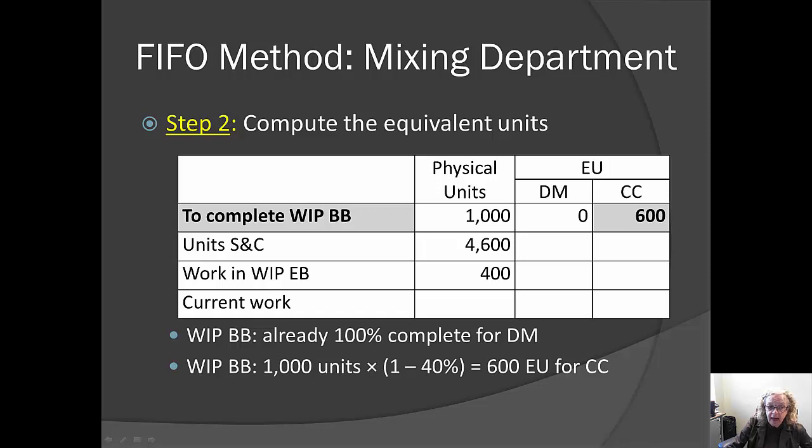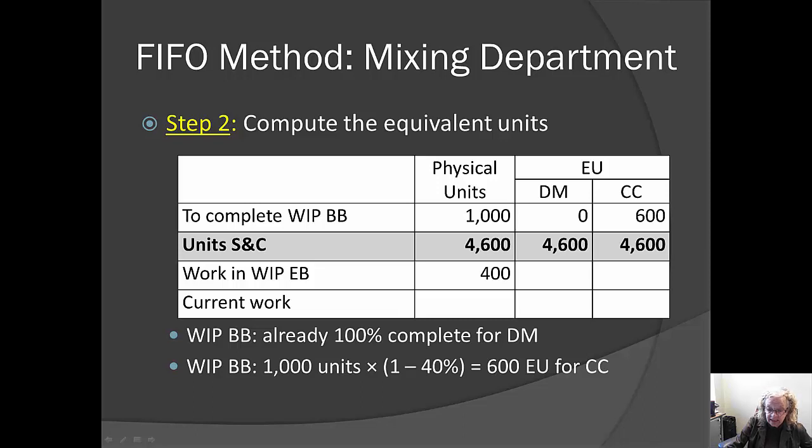Next, what about the units that were started and completed in this period? Obviously, they got 100% of their materials and they got 100% of their conversion.